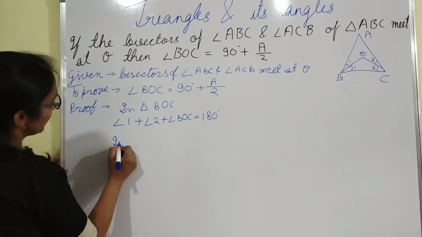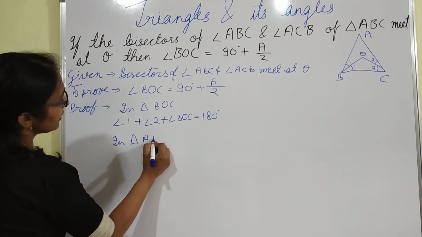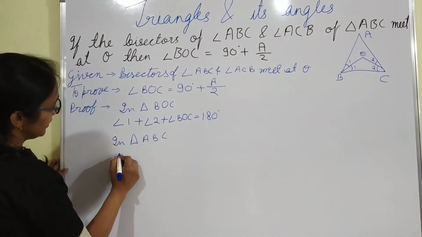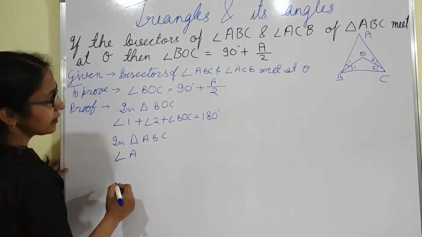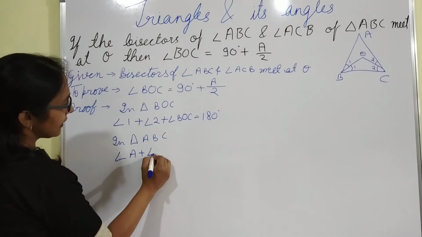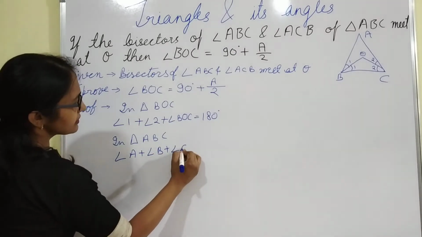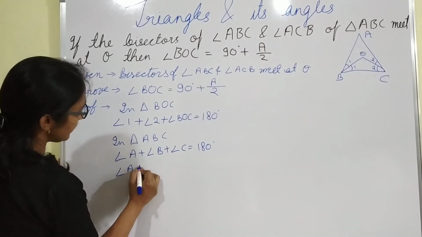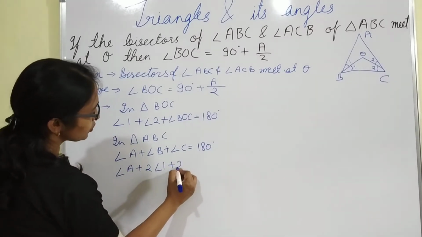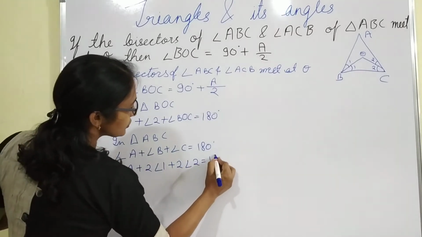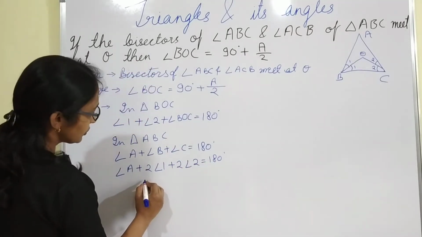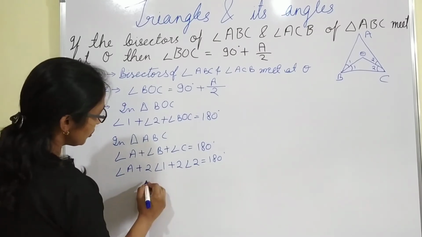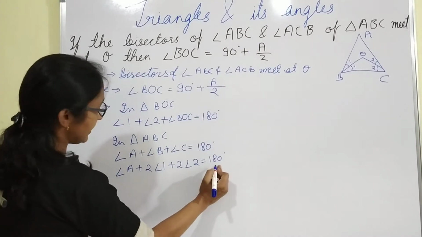Now, in triangle ABC, angle A plus angle B plus angle C equals to 180 degree. So that is angle A plus twice of angle 1 plus twice of angle 2 equals to 180 degree. So I am taking 2 common from these two and transposing this A to this side.